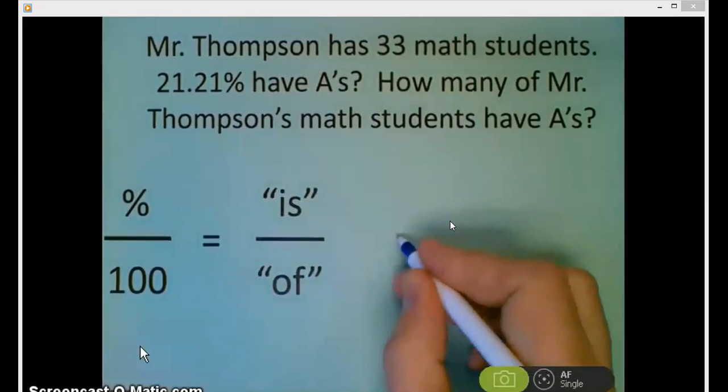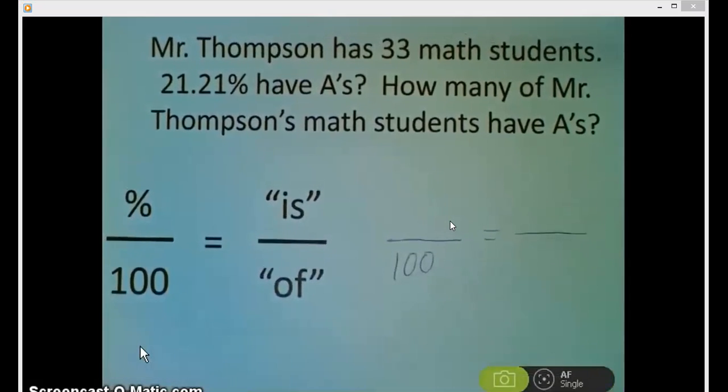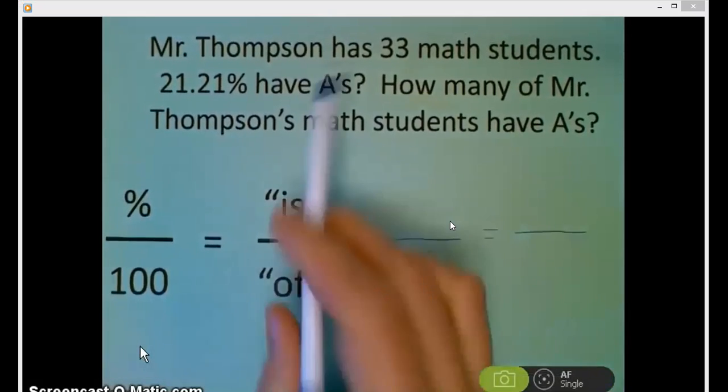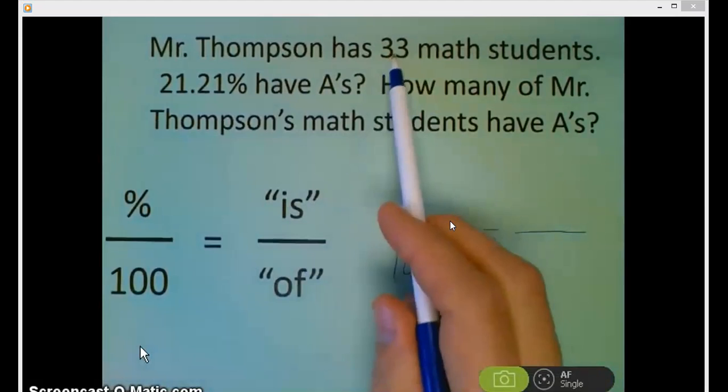So try it. The 100 is still the same. We just have to figure out which numbers that we're given go where in our is over of proportion. So give it a try. So I have 33 math students. That's my total.